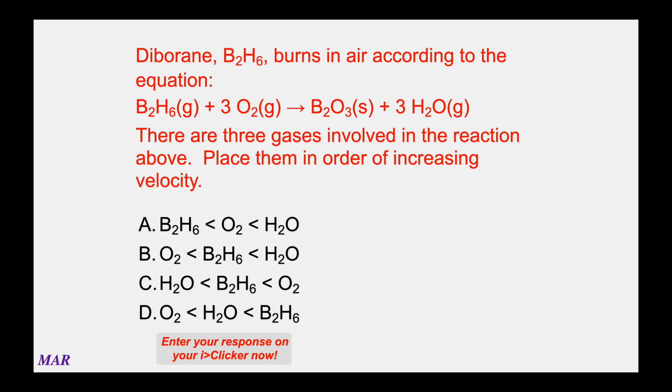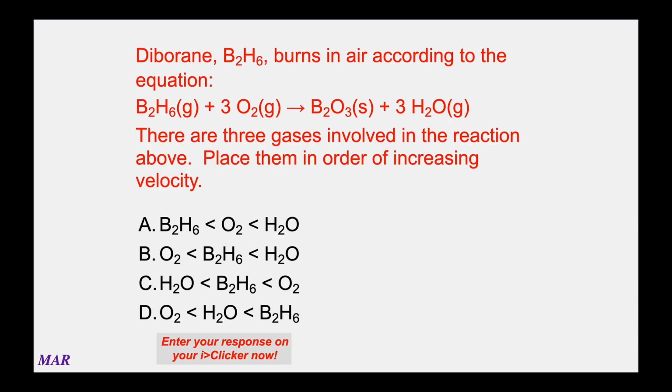So because water has a smaller molar mass, it should be fastest, and oxygen with the bigger molar mass would be slowest. B2H6 has 2 borons, which are about 11 grams per mole each, so that's 22, plus another 6 or so for the hydrogen. B2H6 is going to be about 28 grams per mole, and that falls in the middle of water and oxygen.